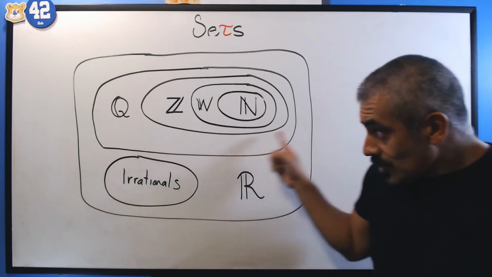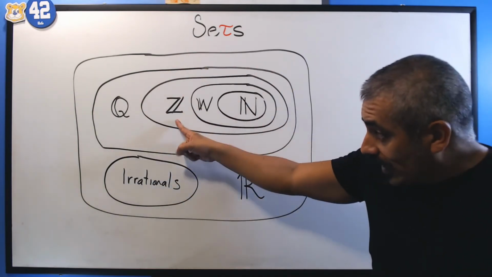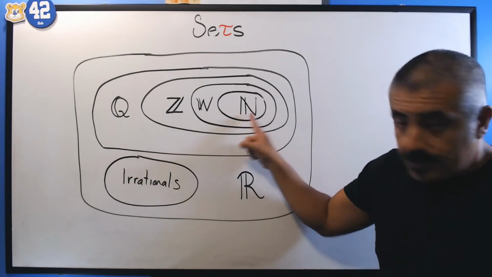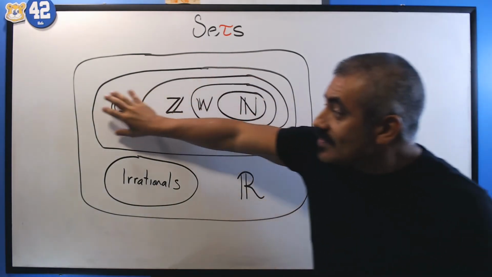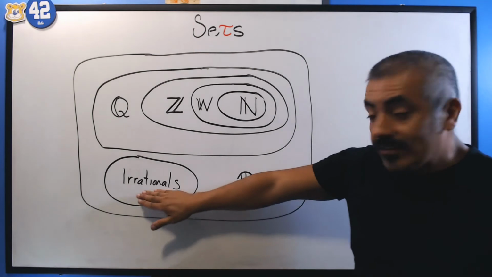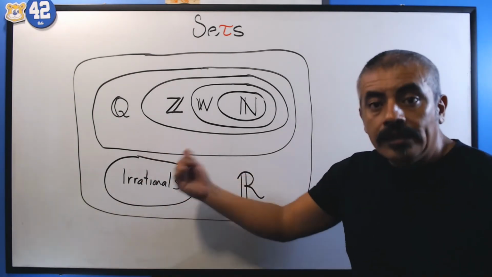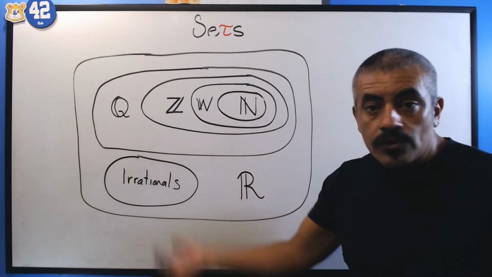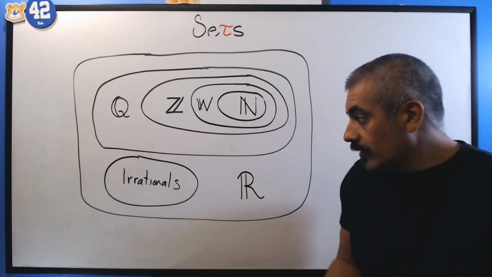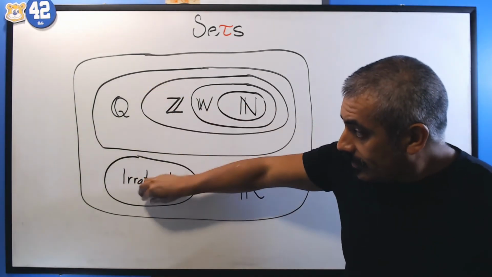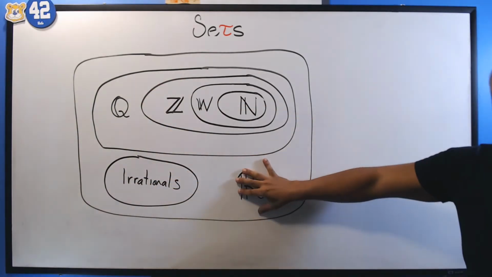And the rationals include all the integers, all the whole numbers, and all the natural numbers. But then outside of the rationals, we have the irrationals. This includes all the numbers like pi, e, square root of 2, square root of 5, all the non-perfect square roots. And if we take these two sets together, we get the real numbers.